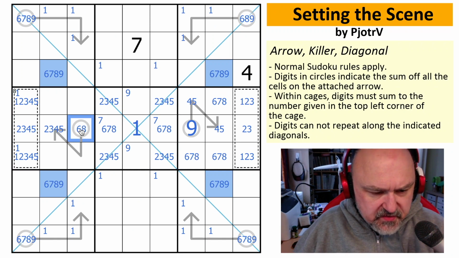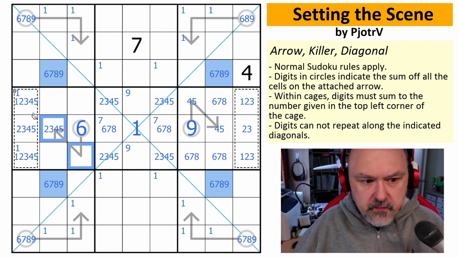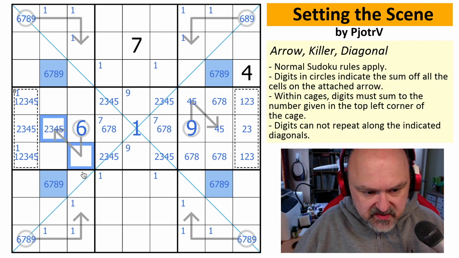Okay, let's look at the options. If this is a 6, this would be 2, 4. 2, 4 would mean this is not possible because this needs to be 1, 2, 5 or 1, 3, 4, and neither of those would be possible if that's 2, 4.